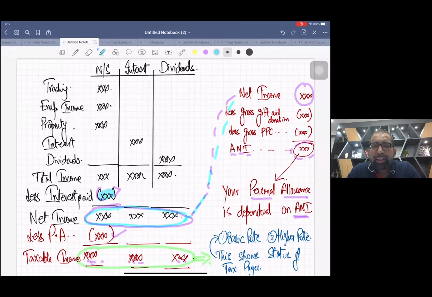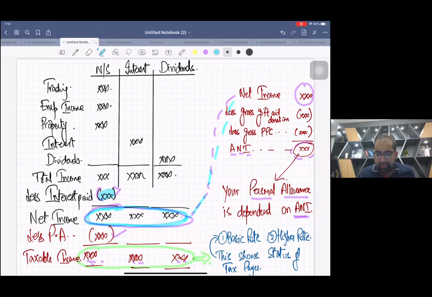When an individual takes a loan for certain qualifying purposes, that loan is called a qualifying loan, and that qualifying loan interest is deducted directly from this main income tax computation. So: three columns, non-savings, interest, dividend, total income. First we calculate total income, then deduct interest paid, then we come to the net income. Now at net income, we'll apply the brakes.